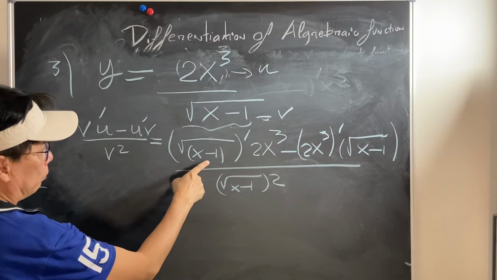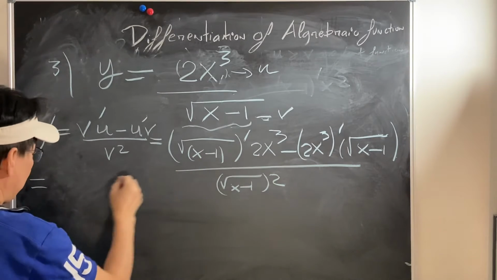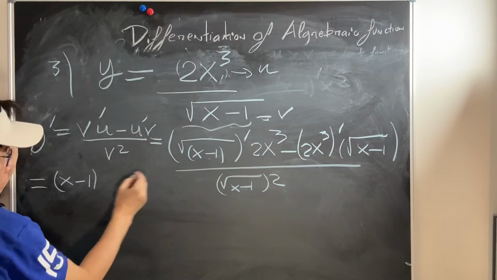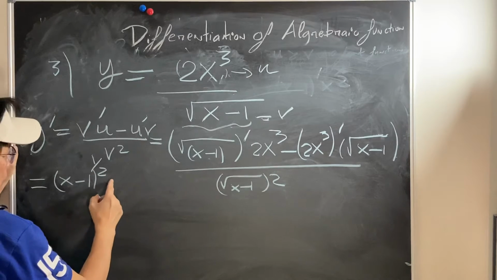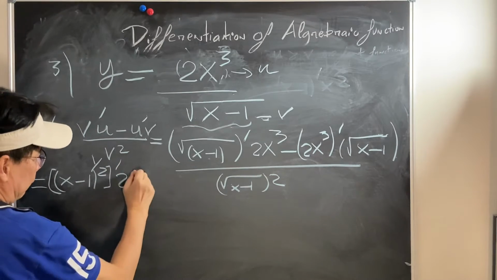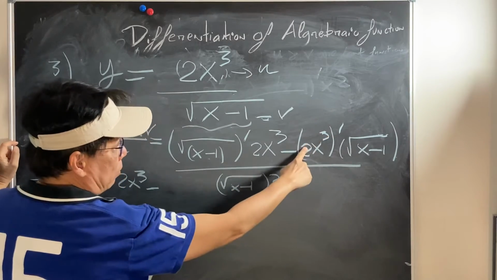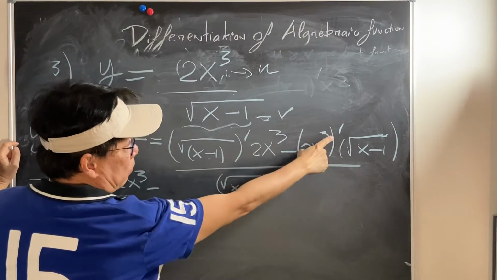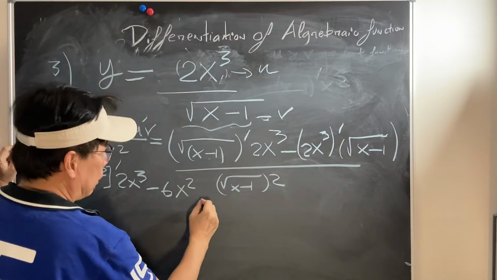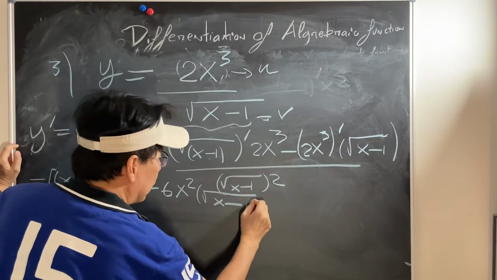Now take the derivative and simplify. We have the derivative of the square root of x minus 1. The square root of x minus 1 can be written as x minus 1 to the 1/2, and take the derivative of this, times 2x cubed, minus the derivative of 2x cubed: you bring down 3, 3 times 2 is 6, and 3 minus 1 is 2, so 6x squared, times the square root of x minus 1.